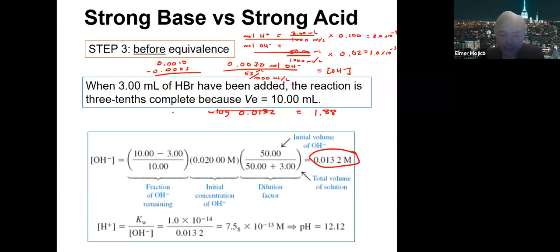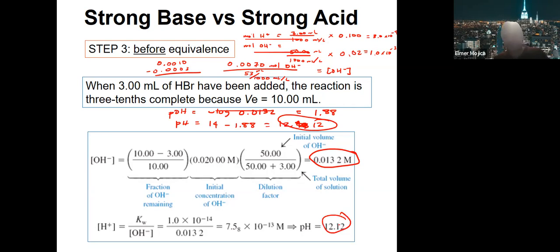So that's the pOH. And when I get the pH, it's 14 minus 1.88, which is equal to 12.12. So it's the same as the other one. So I just gave you 2 ways on how to solve the pH before the equivalence point. So analyze, and if you have questions, let me know.